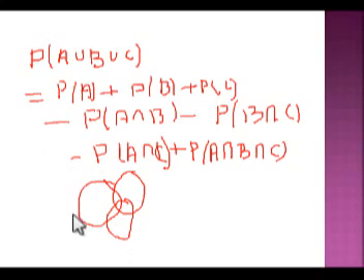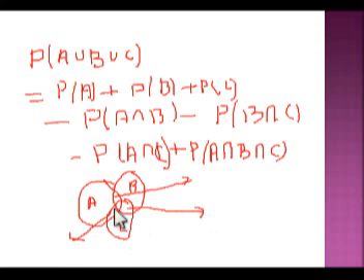As I have already proved in the case of two sets, this is the case of three sets. When you take the union of all the sets, this section A intersection B, or this section B intersection C, or this section A intersection C, is taken twice.